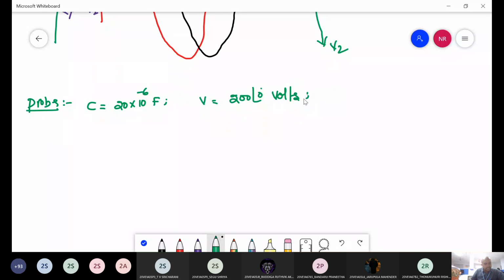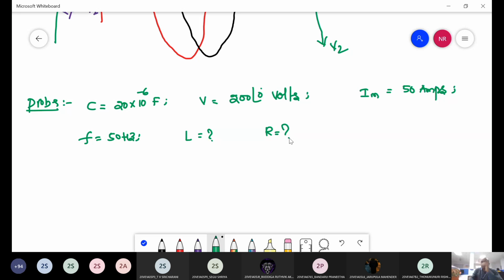The current is a maximum of 50 amps when the frequency is set to 50 hertz. Determine the resistance and inductance of the coil. So we have to calculate L and R.